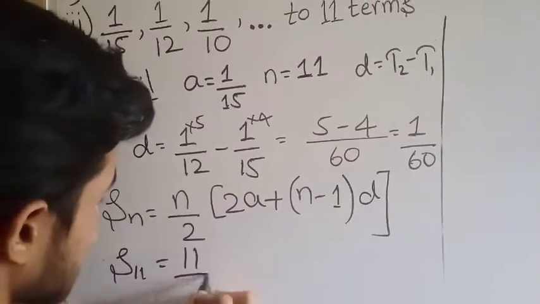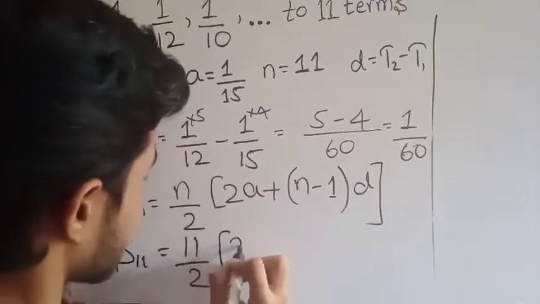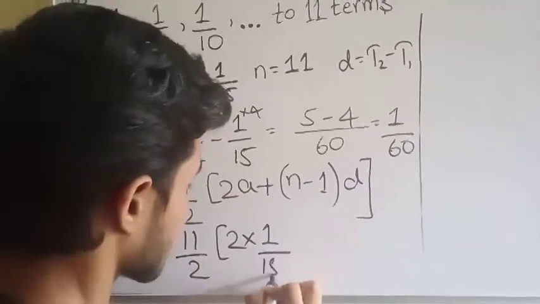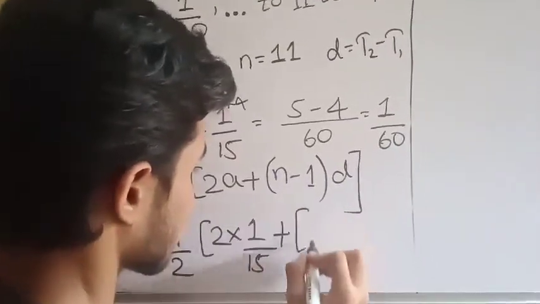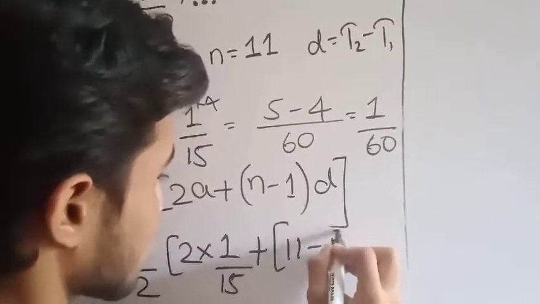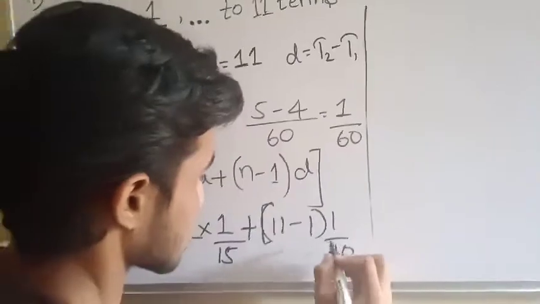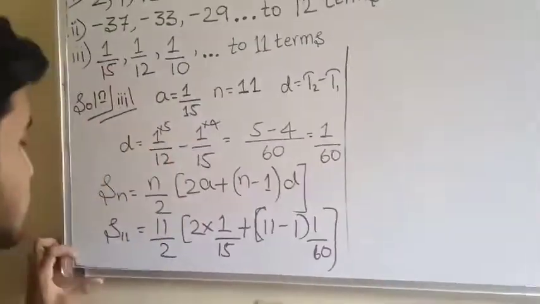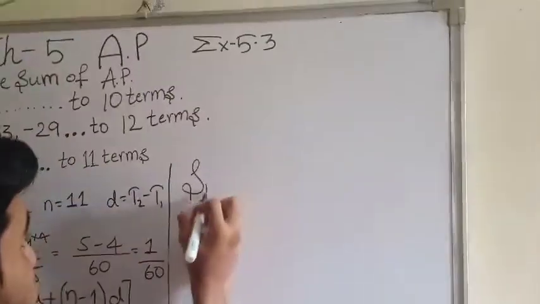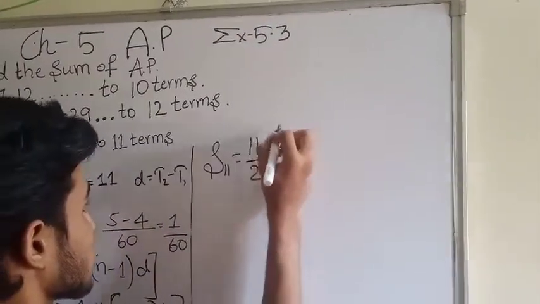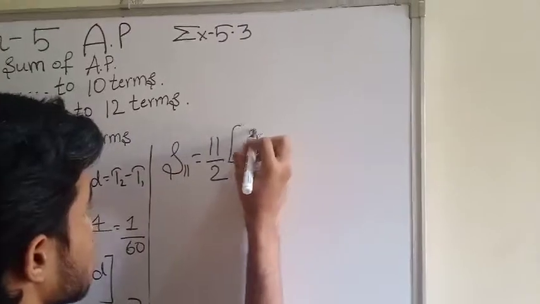S11 equals 11 by 2 into square bracket, 2a plus (11 minus 1) into d. a value is 1 by 15 and d value is 1 by 60.